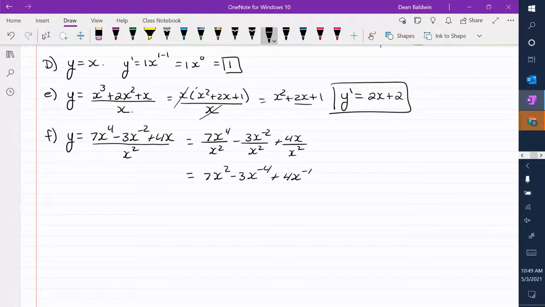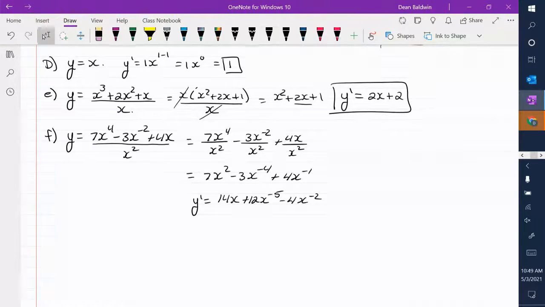So the derivative of 7x squared is 14x, right? The 2 drops down, multiplies by the 7, and you take 1 away from the 2, so you get 14x. What about the second bit? Negative 4 drops down, multiply by negative 3 to get 12x. Take 1 away from the exponent to get negative 5. And the last one, drop the negative 1 down. So I get negative 4x to the negative 2.